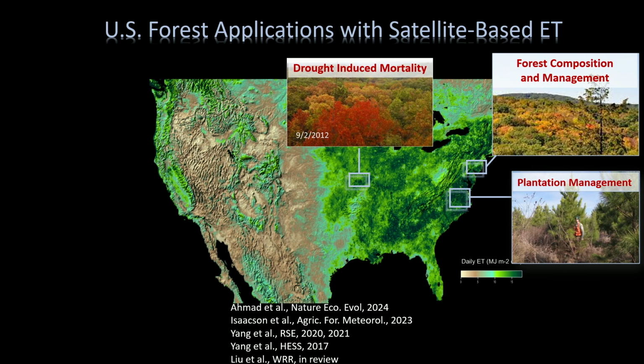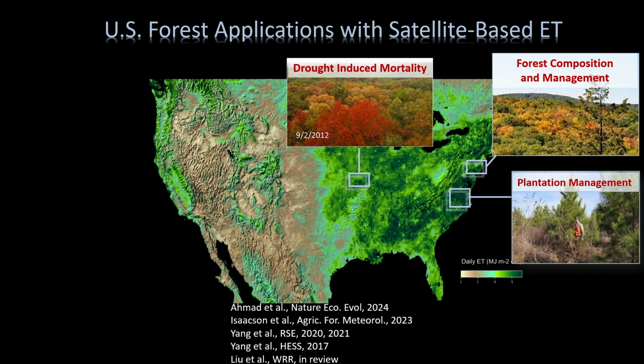Here for management, we're talking about thinning, harvesting, prescribed fire, all these forest managements. So these are small area studies, but they really demonstrate the foundation. One, we can use the energy balance method to estimate forest ET. Two, we can use this ET as a signal to look at forest management and forest health change.